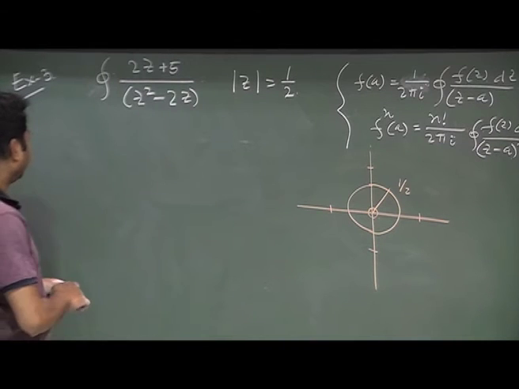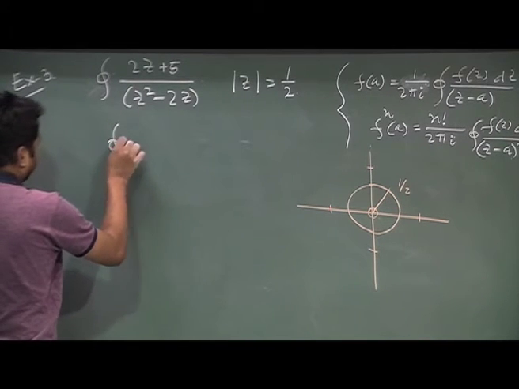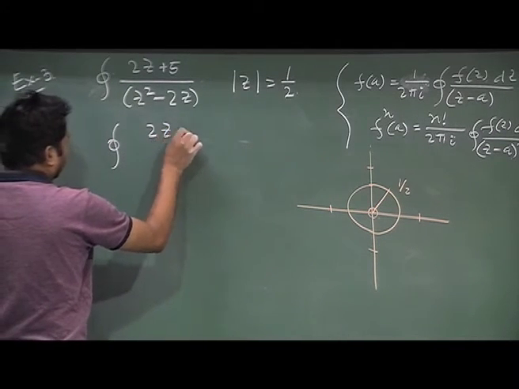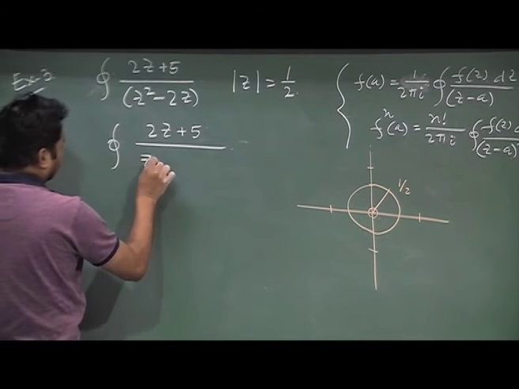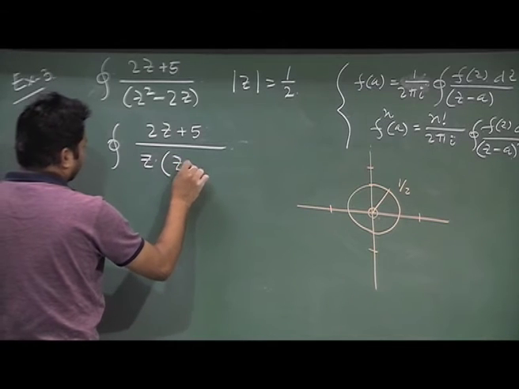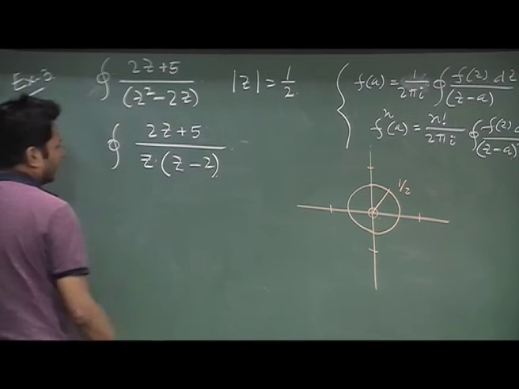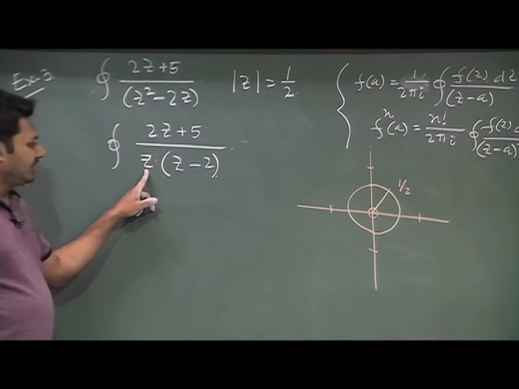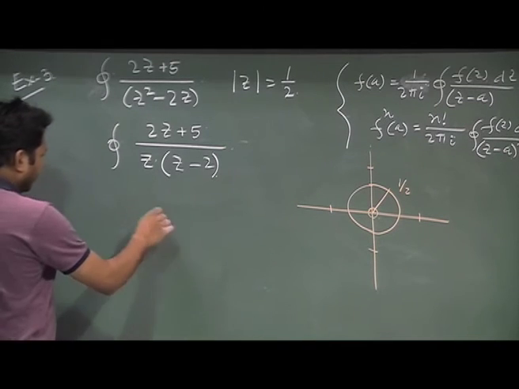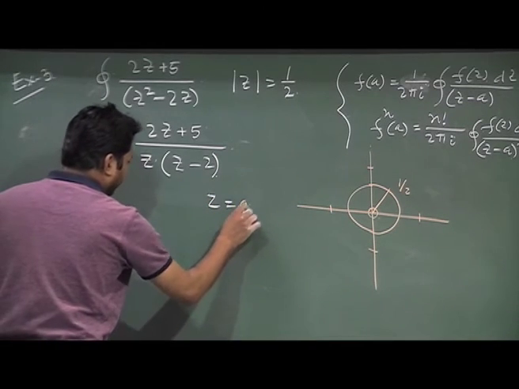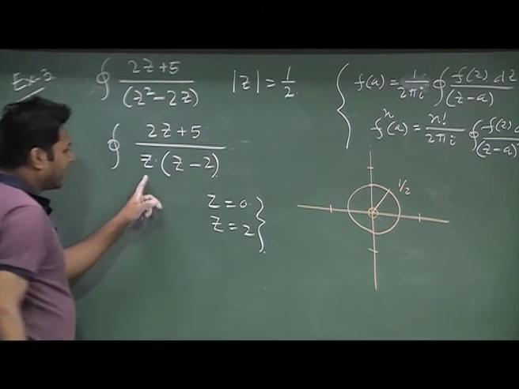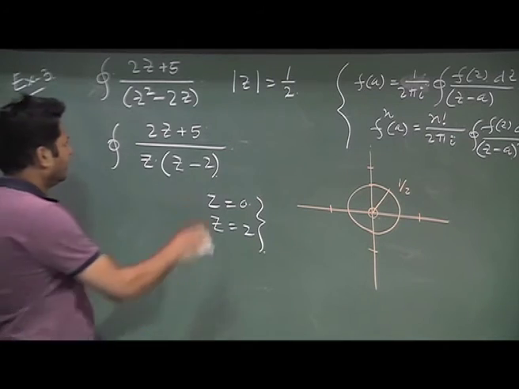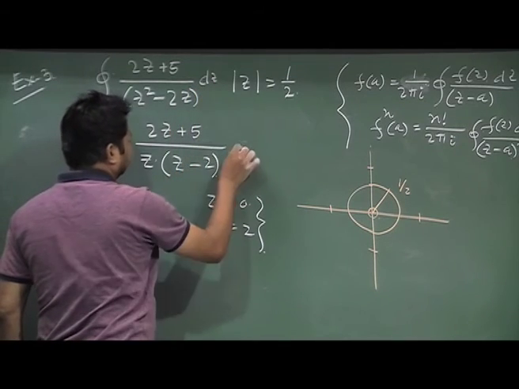Now we need to find how many singularities there are. 2z plus 5 divided by z multiplied by z minus 2. Obviously, one singularity is at z equal to 0 and another is at z equal to 2, because at these 2 points the function blows up. I need to put a dz here.